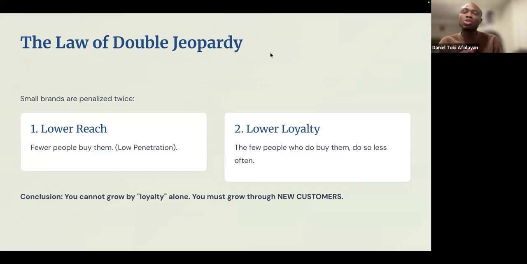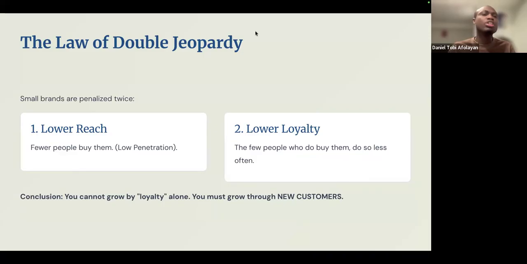I'll start with what we call in marketing the law of double jeopardy. It tells us that small brands are always penalized twice. And what are the two penalties in this law? The first penalty is that you will always have lower reach as a small brand, because fewer people will buy your product.